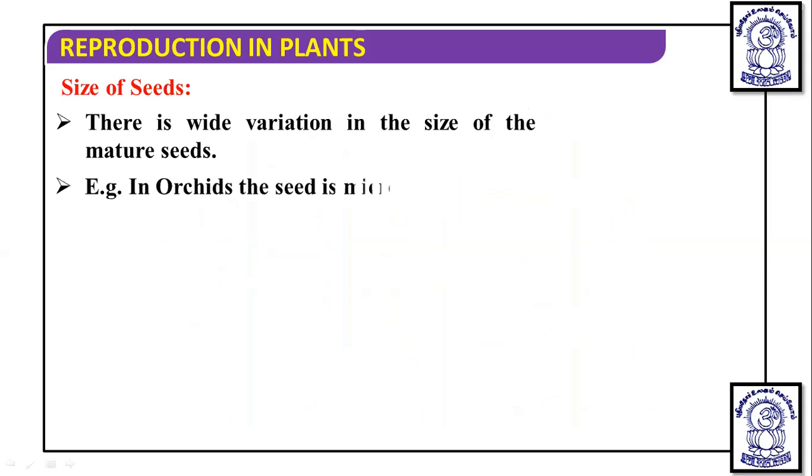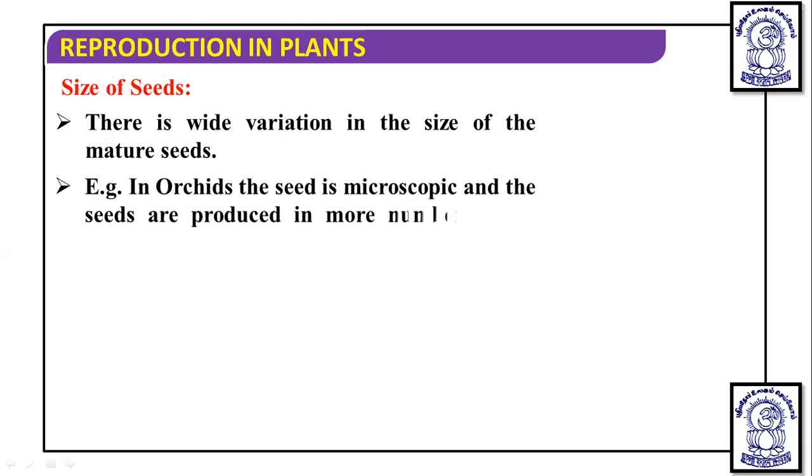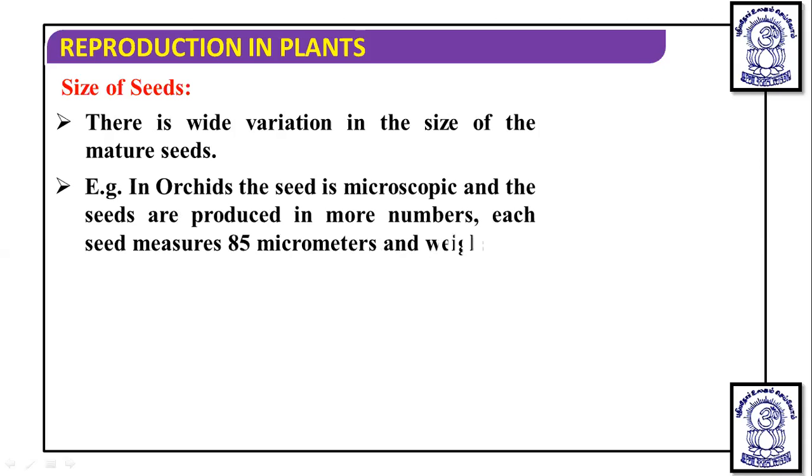In this wide variation, if we take the example of orchid, the seed is microscopic. The seeds are microscopic. And the seeds are produced in more numbers. Each seed measures 85 micrometers, and weight is 0.181 micrograms.